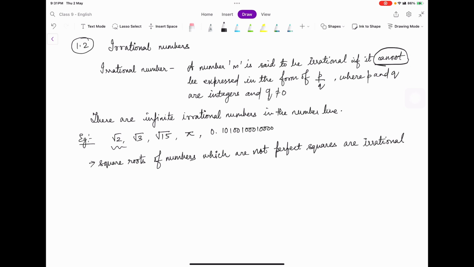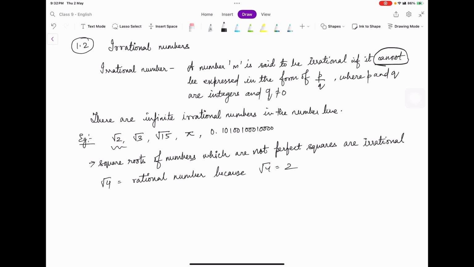See, 2 is not a perfect square, so root 2 is irrational. Root 3 is not a perfect square, it is irrational. But root 4 is a rational number. Root 4 is a natural number because the value of root 4 is 2 or minus 2, whatever it is.